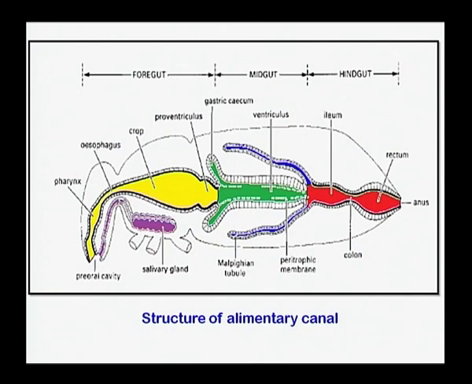This is a diagram showing the different parts of the alimentary canal, that is the foregut, midgut and the hindgut. So, here you can see the different parts of the alimentary canal.